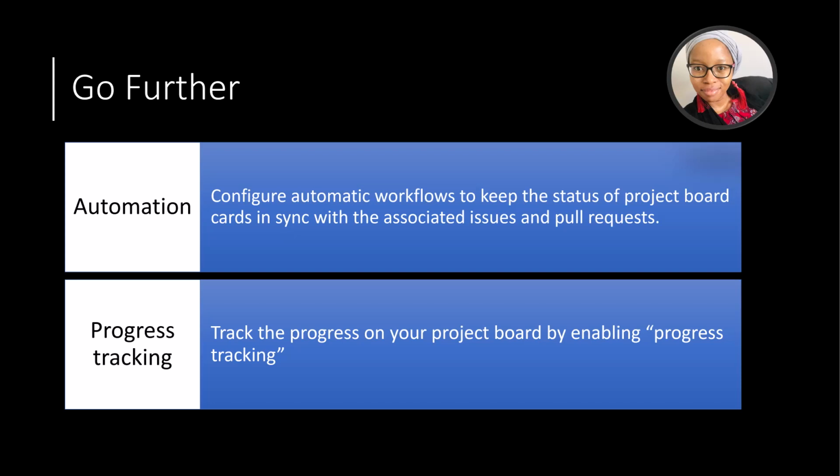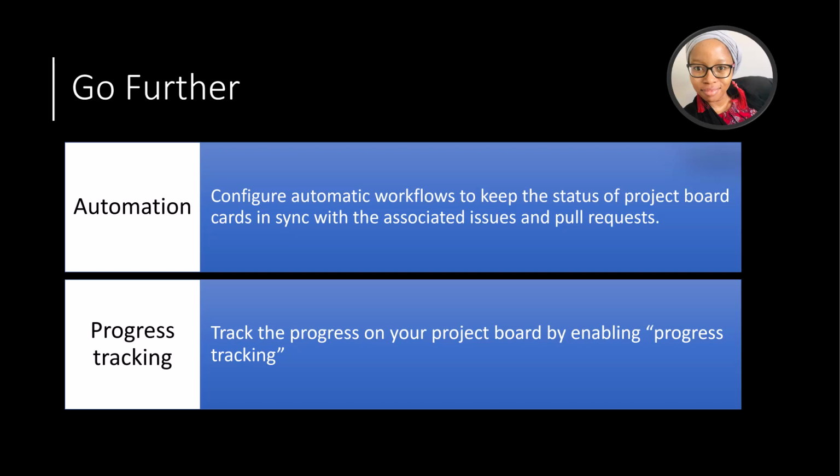And then you can also track the progress of your entire team. You can see how many issues are in to do, in progress, or done, and count the overall progress of the project.